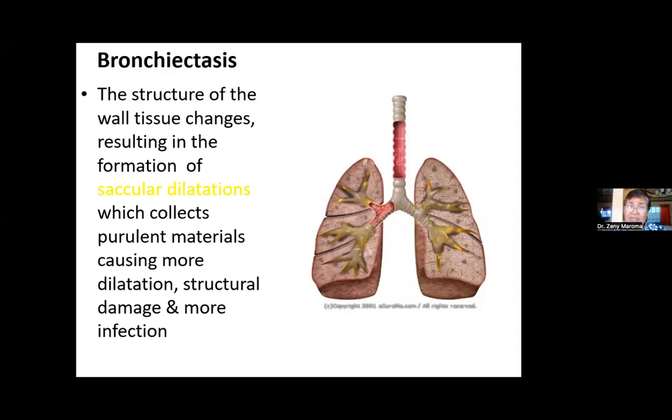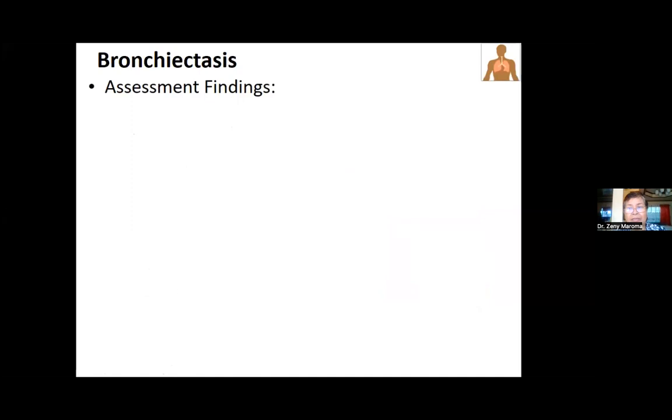Infection pa more. Ay, Diyos ko, parati silang may plema, foul smelling. The structure of the wall tissue changes resulting in saccular dilation. Matapos may ipon ang maraming secretion, causing more dilation, damage, and more infection. Parati silang may plema, bronchiectasis.